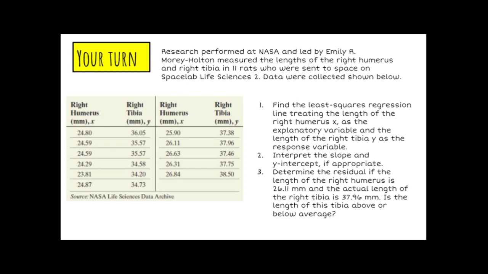For number 2, interpret the slope and y-intercept if appropriate. So in this case, if the humerus increases in length by 1 millimeter, the length of the tibia increases by about 1.3902 millimeters on the average. And then the residual is equal to 0.458 millimeter, and it is above average.